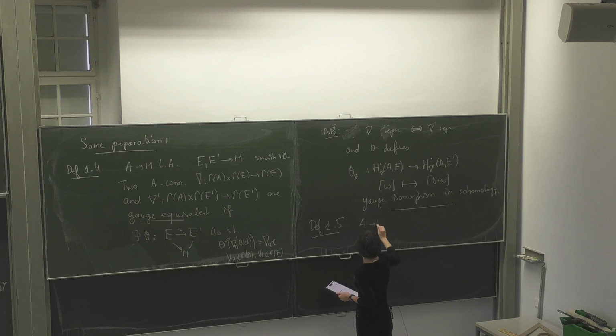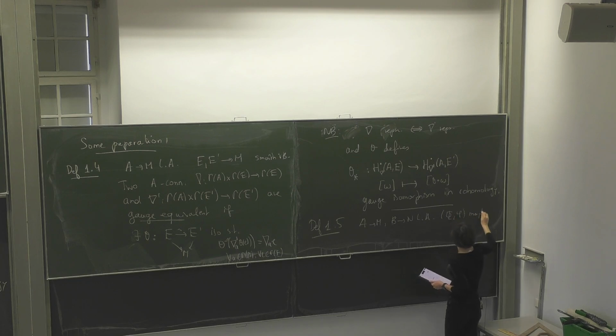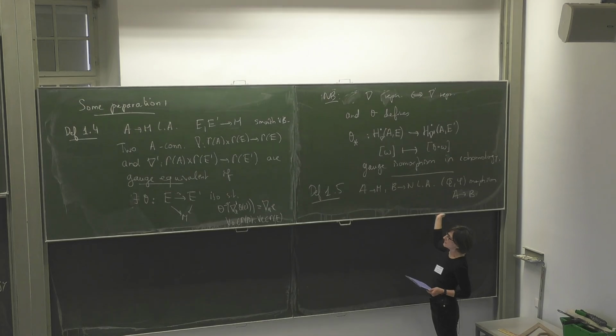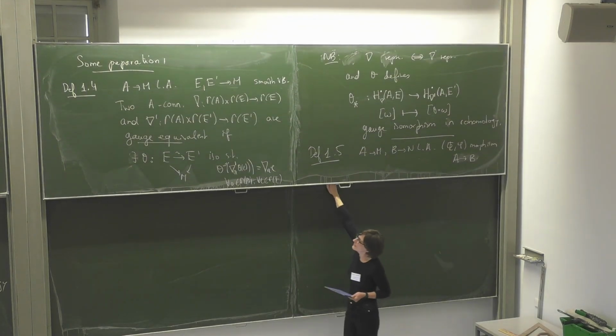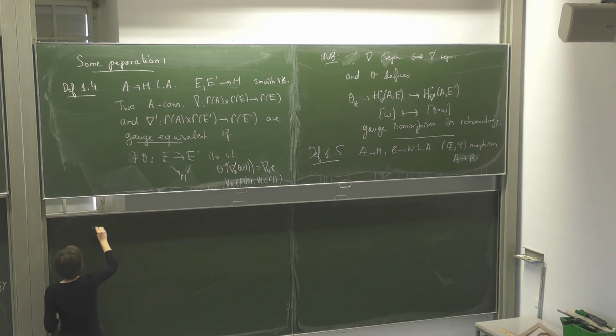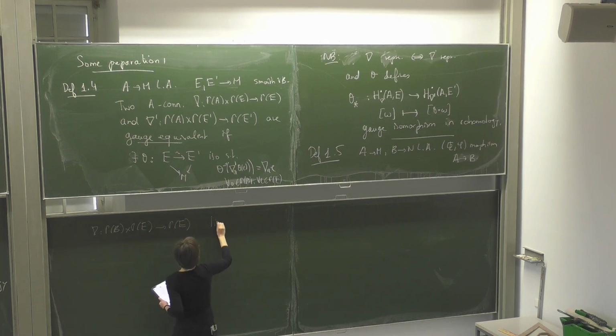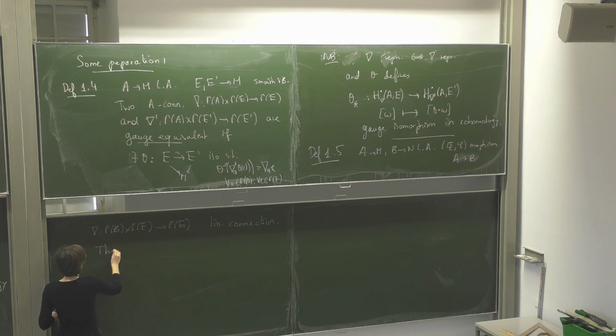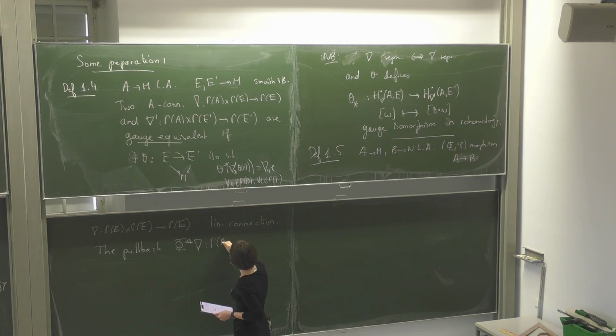So now, if we have algebroids and a morphism between them, and if you have a linear connection, then the pullback of nabla under phi is a linear A connection on the pullback vector bundle.